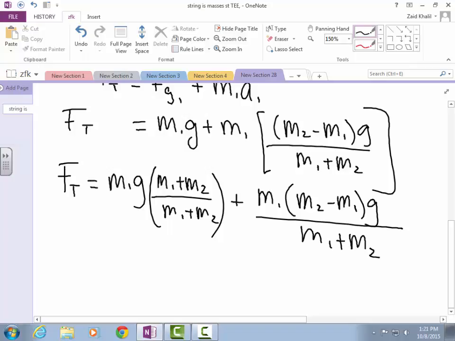Now what? Start multiplying this out. What's our common denominator? M1 plus M2.